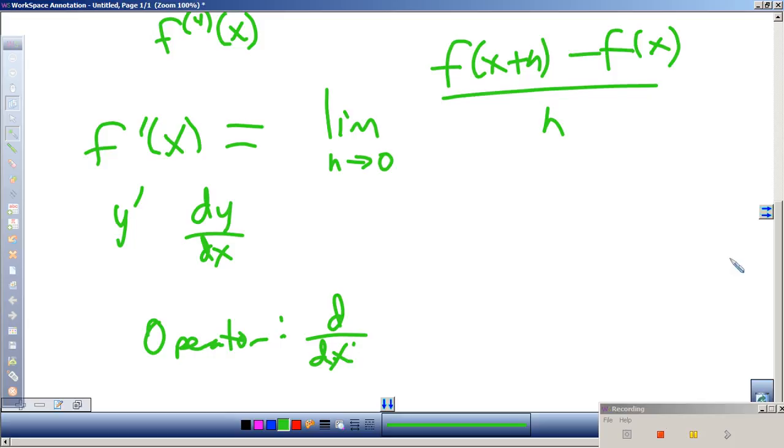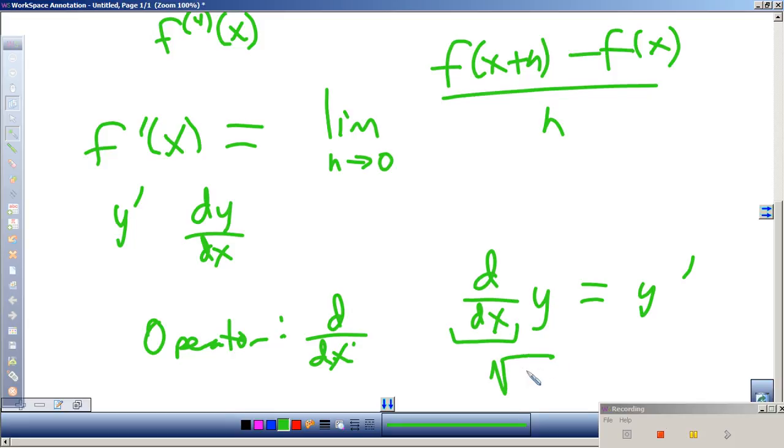The operator for a limit is this symbol. So when I say the operator for derivatives is this, it's saying do the derivative of what follows. Just like when we say square root of 4, the square root is the operator, the one that says do something to this function, or to this expression. The same way with d dx, it is the operator that says do something.